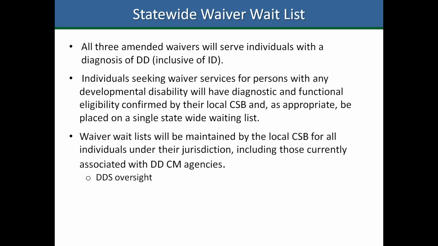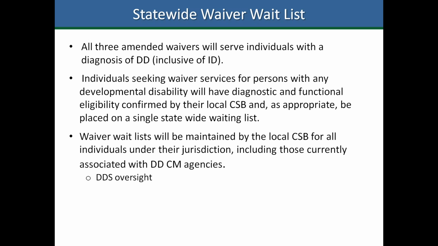The waiver waiting list, although statewide, will be maintained regionally by the local CSB for individuals under their jurisdiction, including those who are currently associated with DD case management agencies. The waiting list will have oversight from the Department of Behavioral Health and Developmental Services Division of Developmental Services staff.